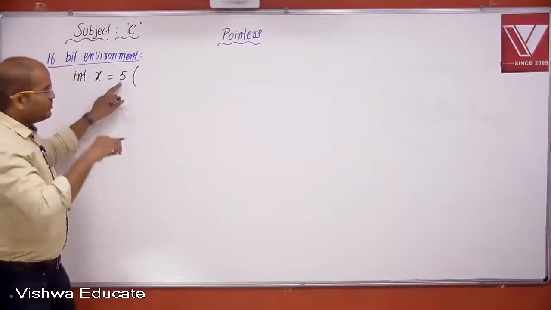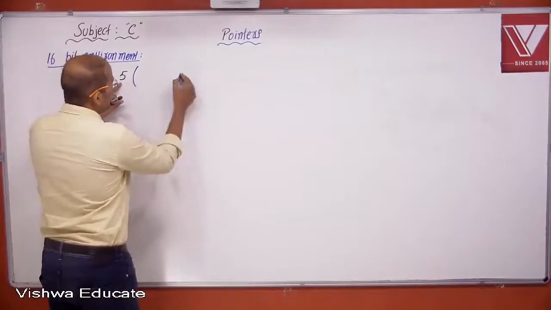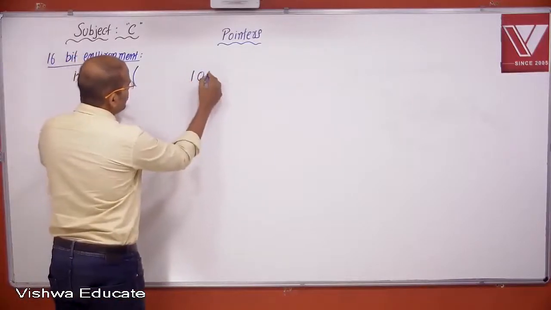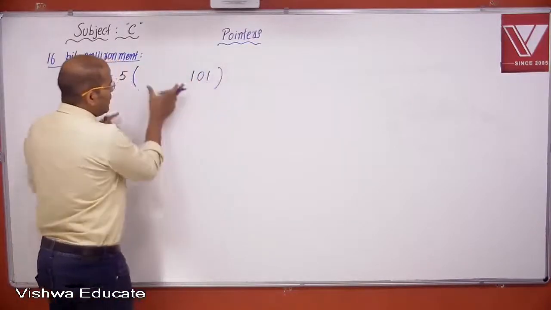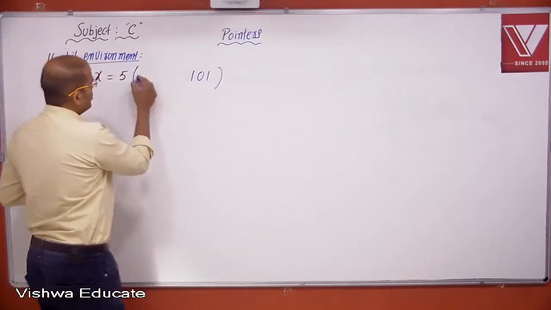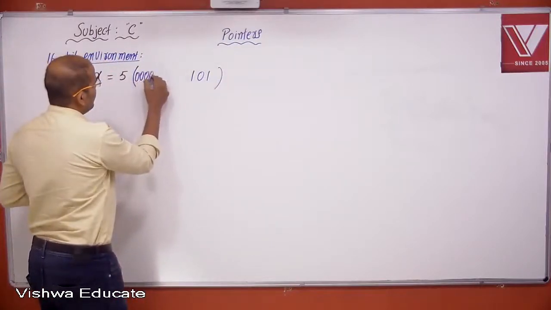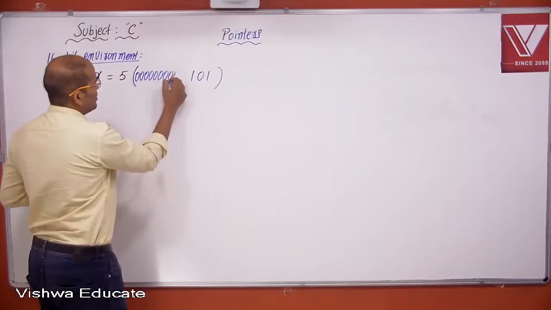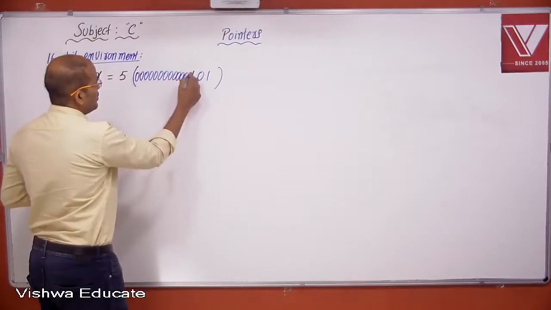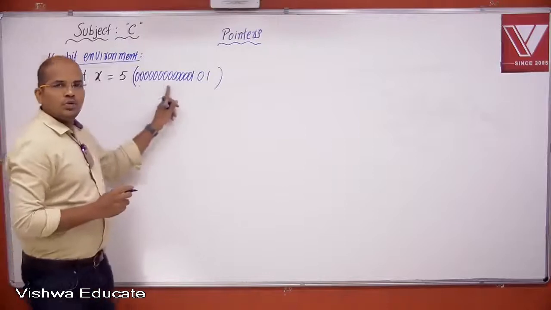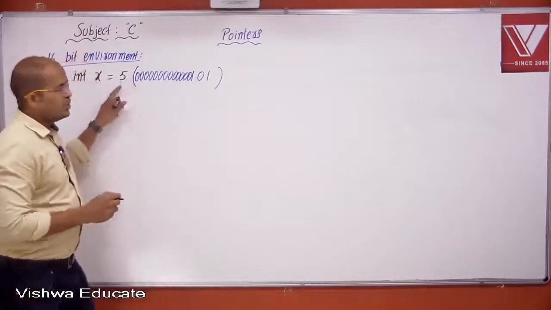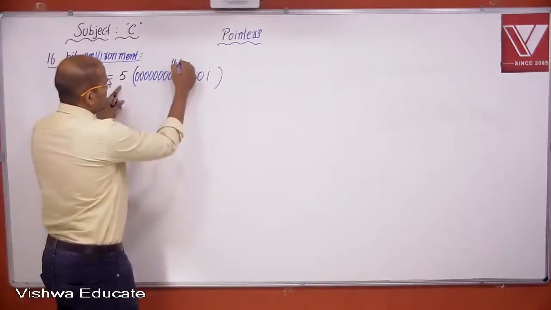So internally 16 bits: 5 is 1, 0, 1, 3 bits, and the remaining 13 bits will be zeros. So 13 zeros and 101 is 5. So the total is 16 bits.